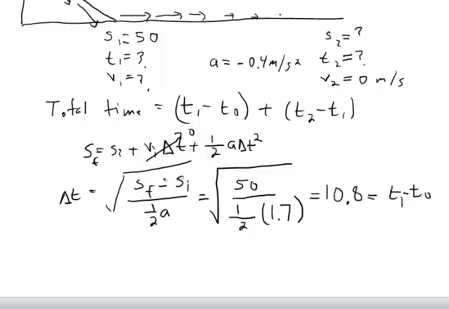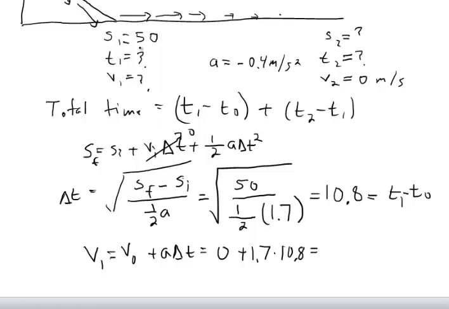What I did is I used this relationship, v1 equals v0 plus A delta t. So for the velocity at the bottom, that would be 0 plus 1.7 times, we just solved for that time, so that would be 10.8.